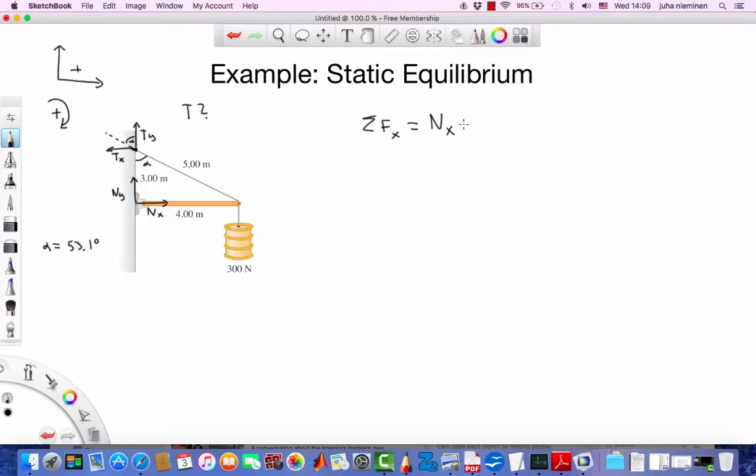With the forces in the x direction, we have nx minus tx, and that must be 0. In the y direction, we are in fact missing one of the forces. Of course there's the weight of the barrel, called W, pointing down. So in the y direction we have ny positive, ty positive, and W negative.